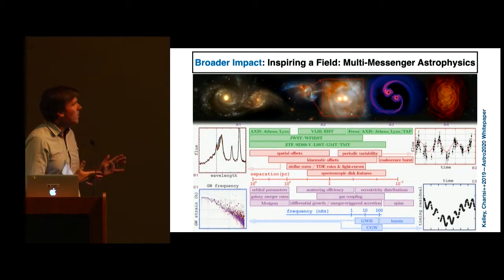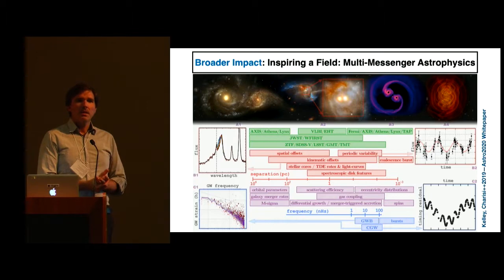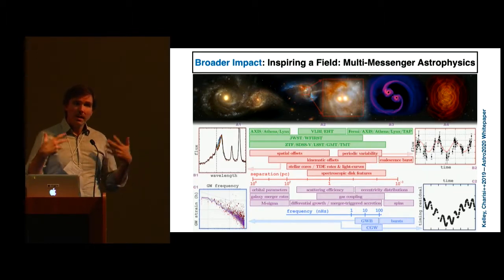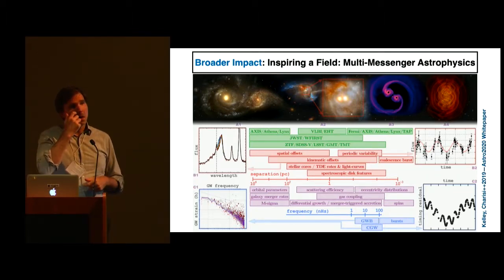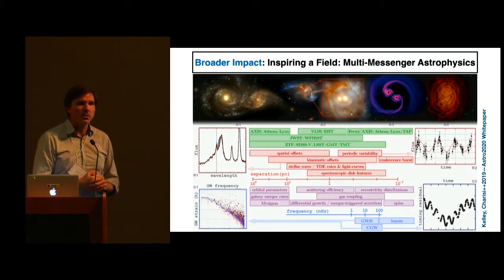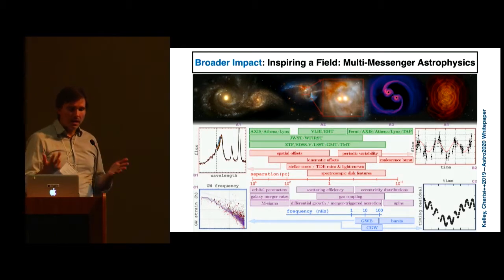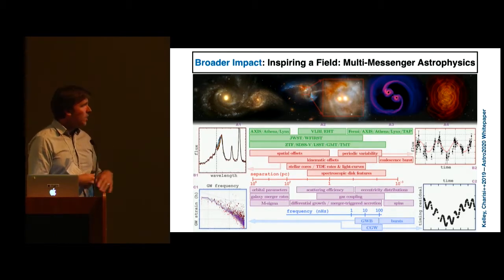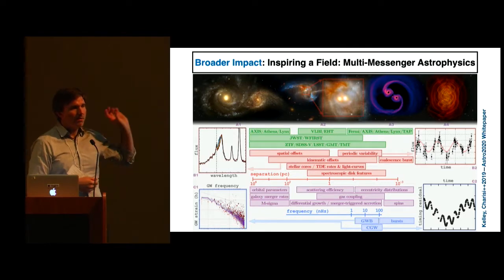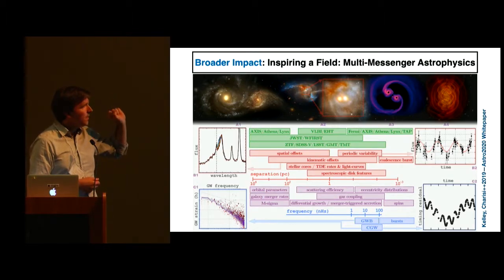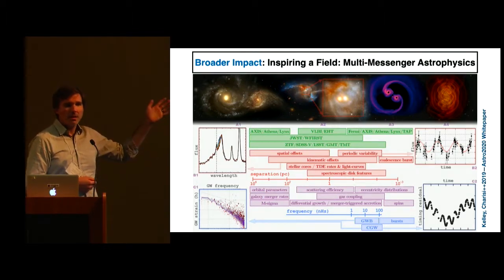So one of the broader impacts of this research is that it's inspiring not a new field, but a growing field of astronomy, multi-messenger astronomy. And as I said, we're looking for longer wavelength gravitational waves and also electromagnetic counterparts to them. So here, this is just a graphic of pulsar timing array science. These are billion solar mass binaries that are products of galaxy mergers.